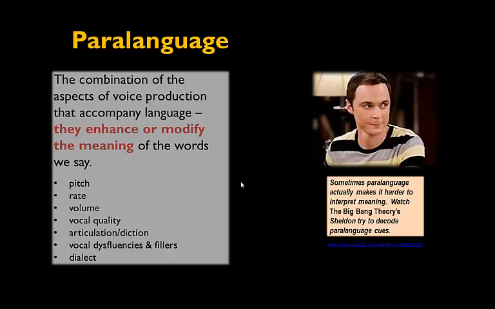In a non-public speaking context, paralanguage, the way our voice, how loud the volume, how soft, where our tone is, where the pitch is, can give us cues about our feelings. Sometimes, though, paralanguage, especially if we're using things like sarcasm, can make it really difficult to interpret meaning.